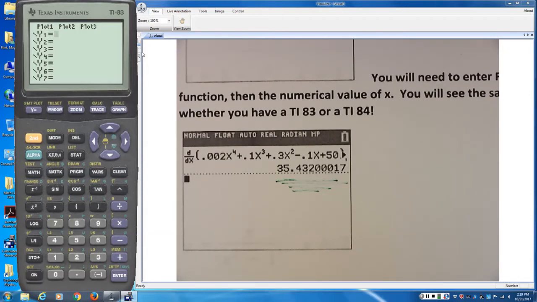What you do is you type in your function. Excuse me? 0.3 for x squared.